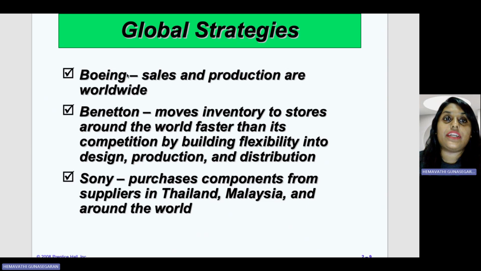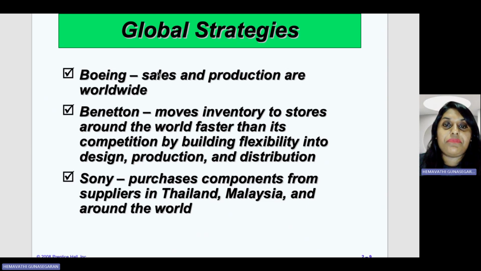For instance, Boeing is incorporated in terms of aeroplanes, so the sales and production are worldwide. Any company that wants to start its own airplane is going to associate with Boeing. And then we have Benetton, which moves inventory to stores around the world faster than its competition by building flexibility into design, production, and distribution.